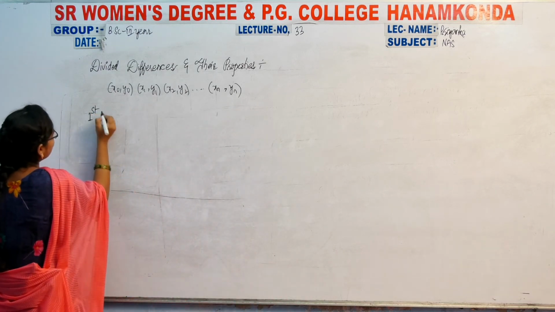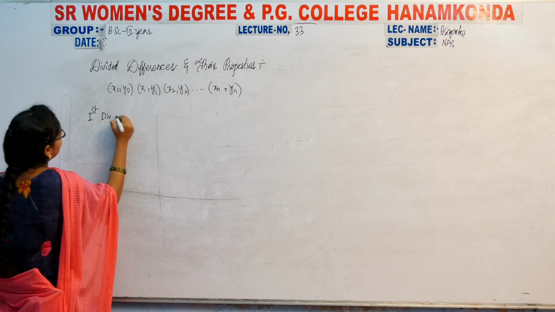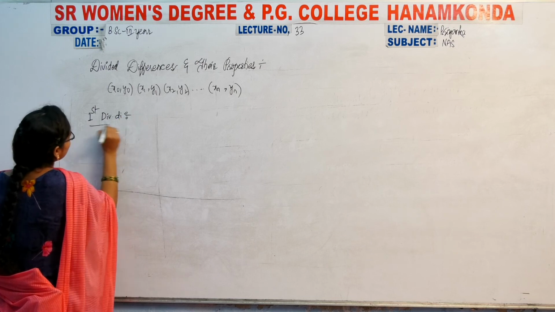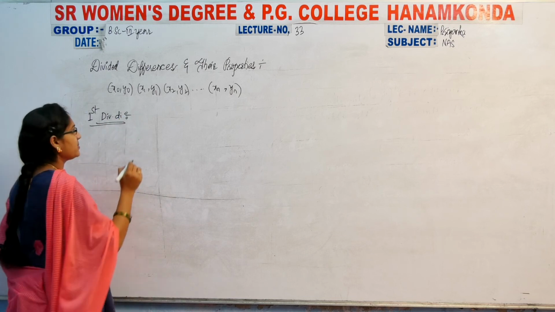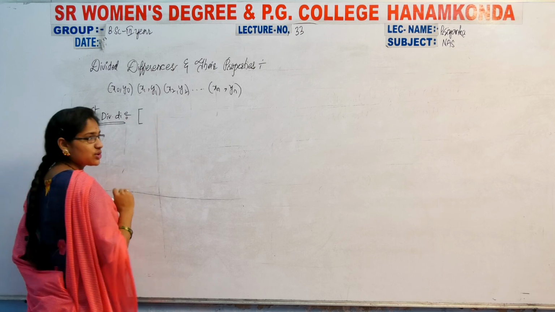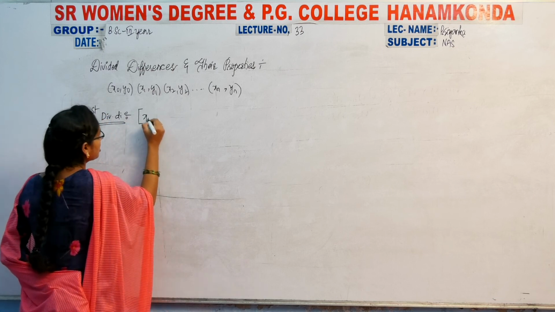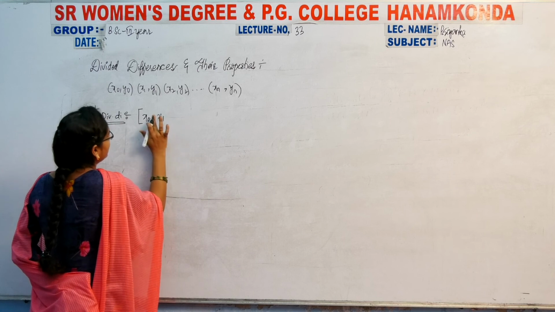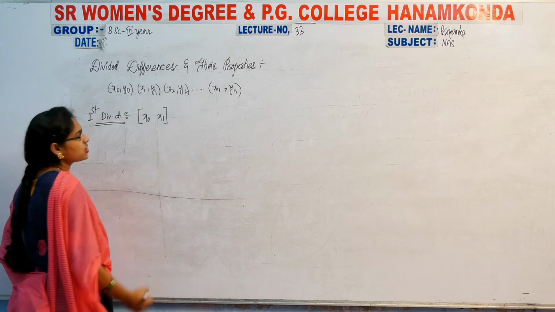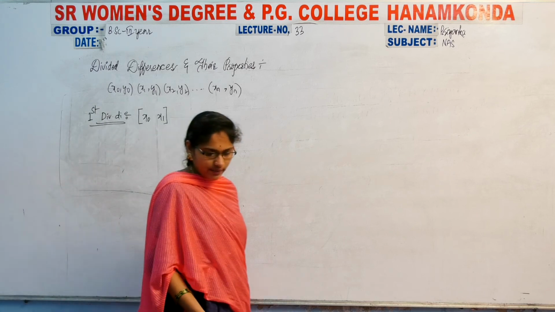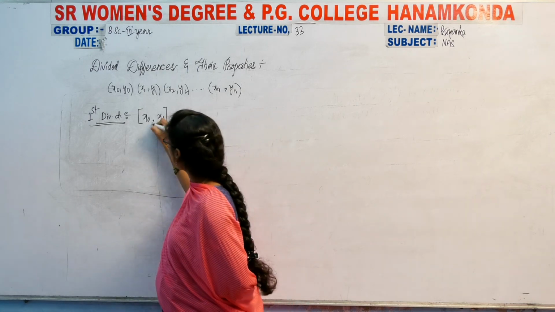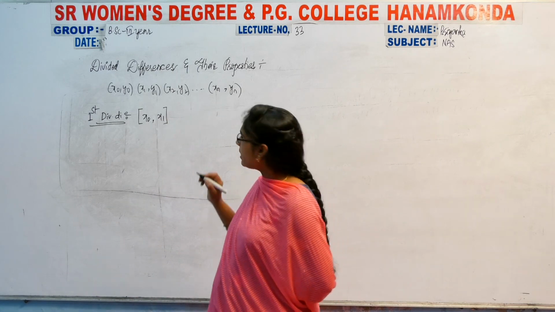Listen carefully. First, divided differences. The first divided difference we denote using square brackets. It starts with x0, x1. If you want, you can mention x0 comma x1.